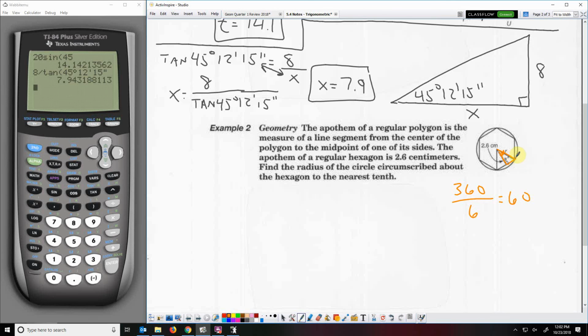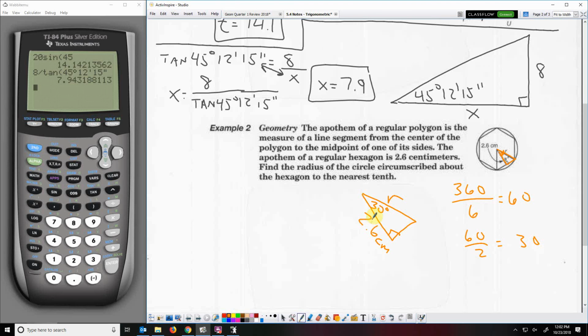But right here, I'm just dealing with a half of a central angle. So 60 divided by 2 is 30. Okay, so I'm going to pull this triangle out and make it a separate drawing. So I've got that right angle. I've got 2.6 centimeters. I'm looking for this radius, and I've just found that this is 30 degrees.